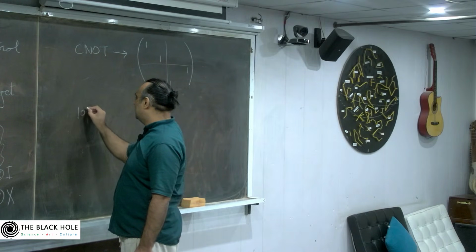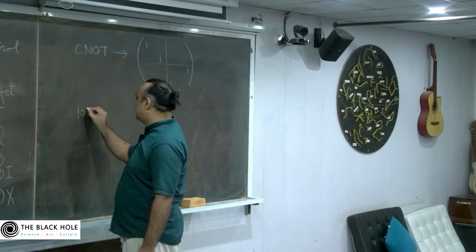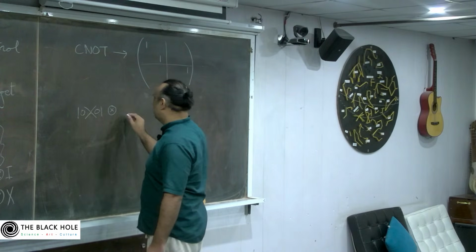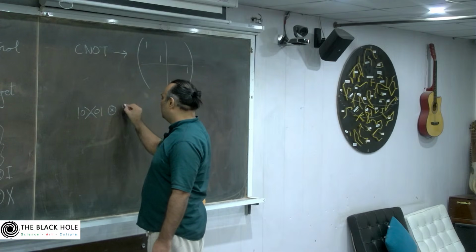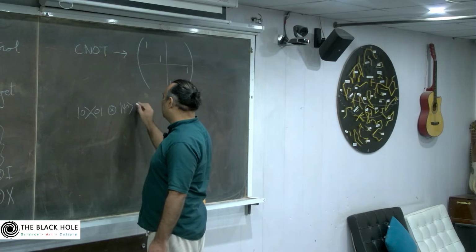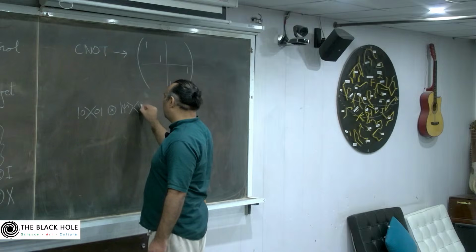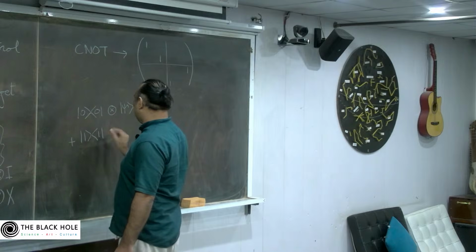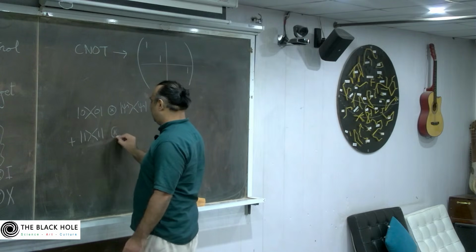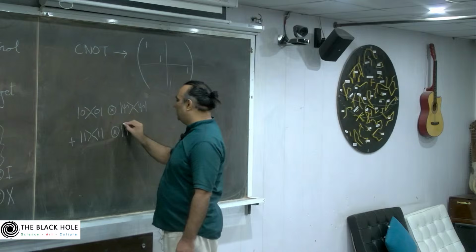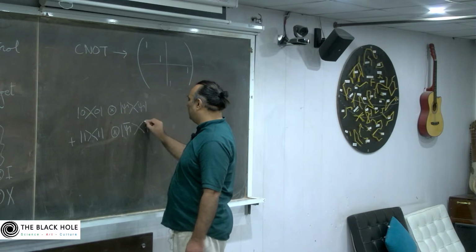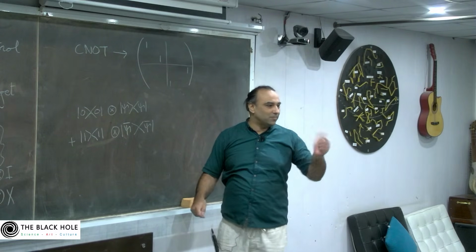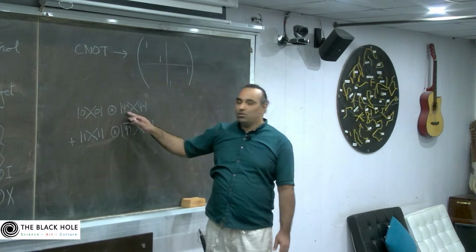So in this form, basically it's like this. 0, 0 times you do nothing. Let's call it psi plus something like that. So this bar means you flip that. If it's 0, stay 0.